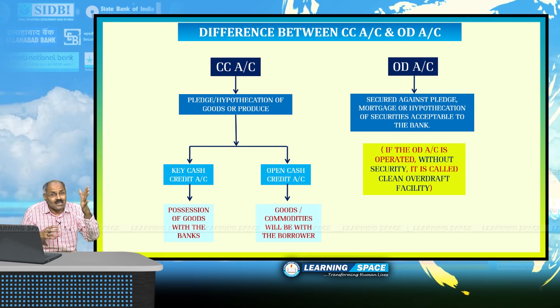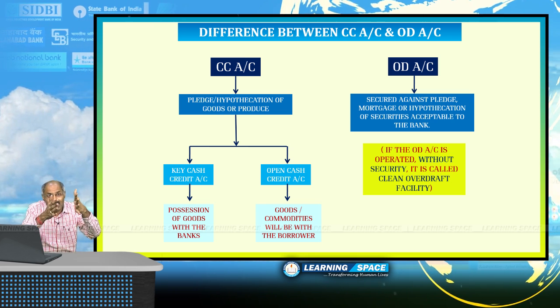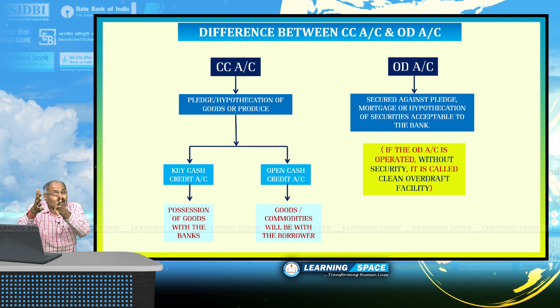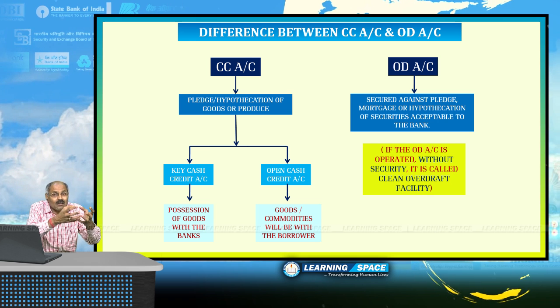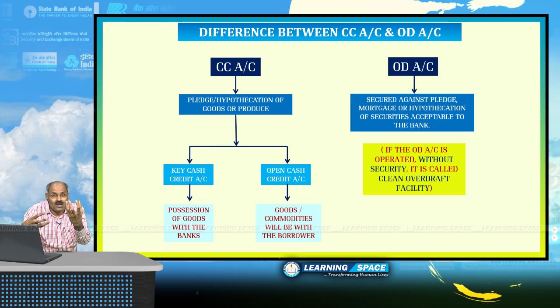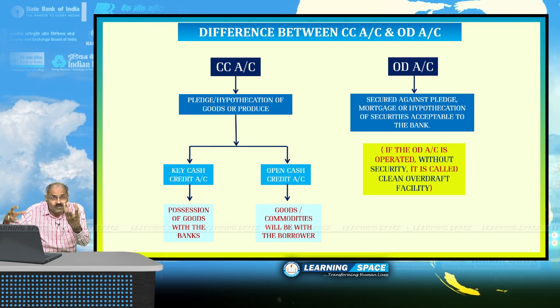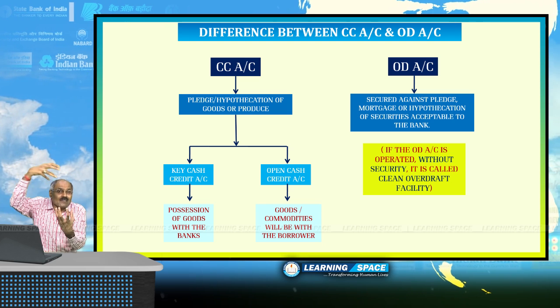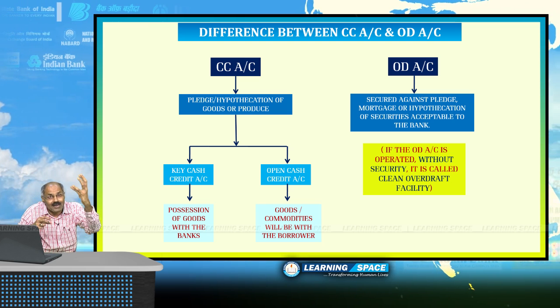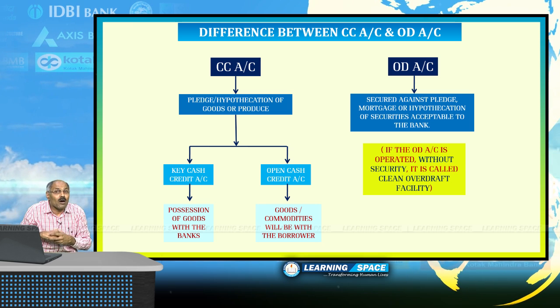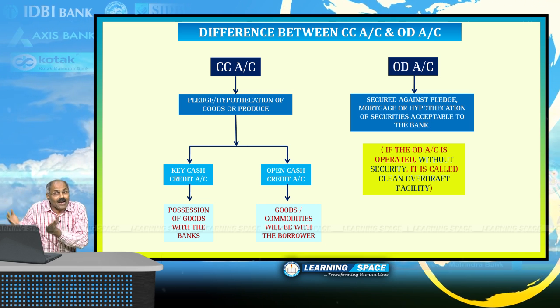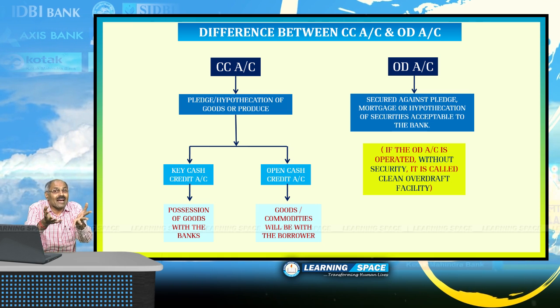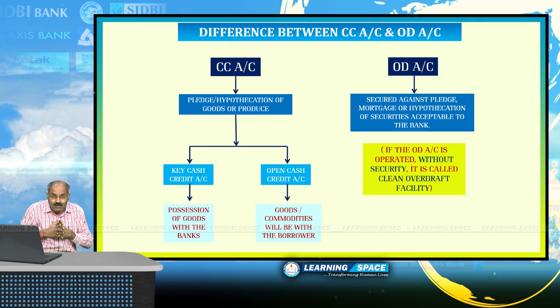Right? And there is a small difference between key cash credit account and open cash credit account. Key cash credit account is when the possession of goods, or you can say the possession of raw materials, is with the bank, then it is called key cash credit account. When the possession of the raw materials is with the company, it is called open cash credit account.